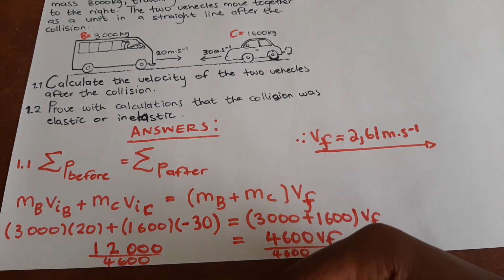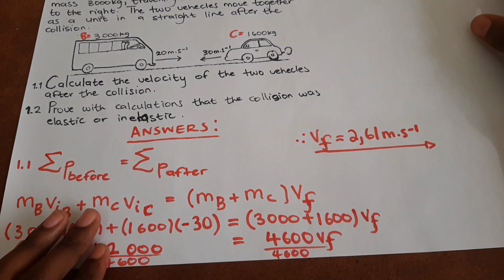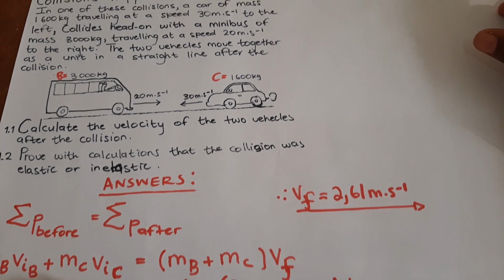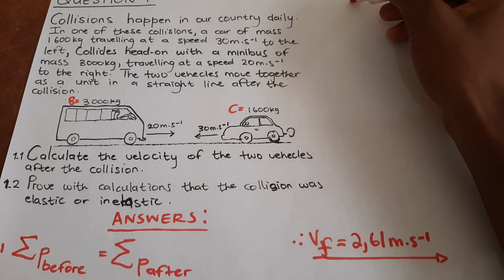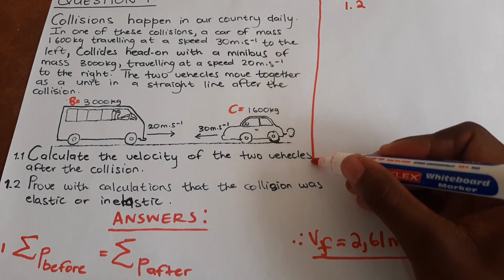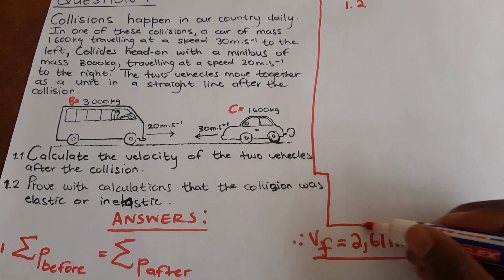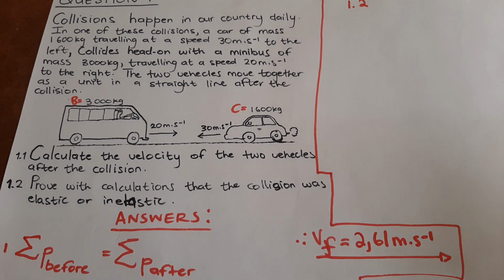So let's move to 1.2. 1.2 says, prove with calculations that the collision was elastic or inelastic.